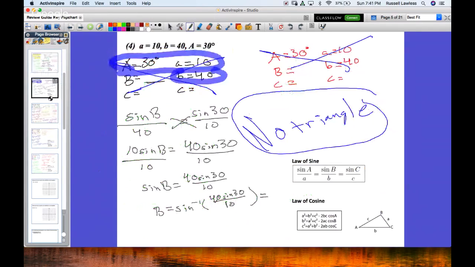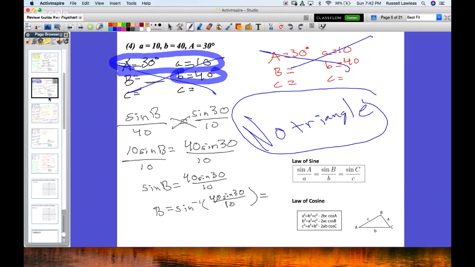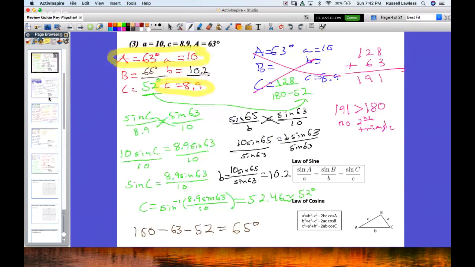Now, I know in all 3 of these, it's given angle A, but if you were given angle B and side B, or angle C and side C, it would work out all 3 times. It's just a matter of fact that we are given angle A and side A for all 3 problems.